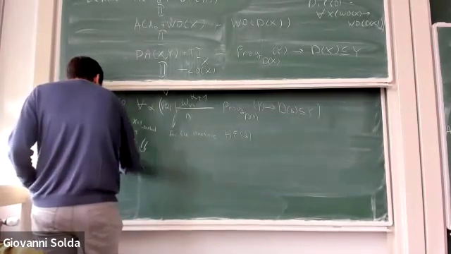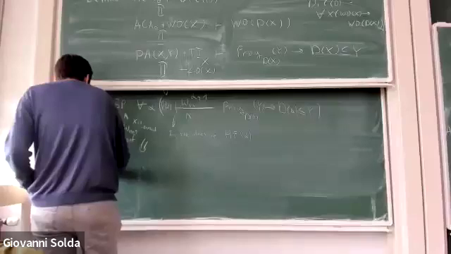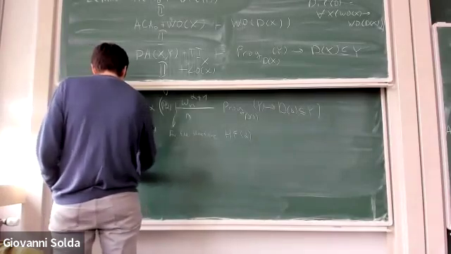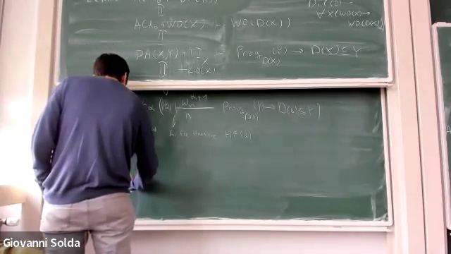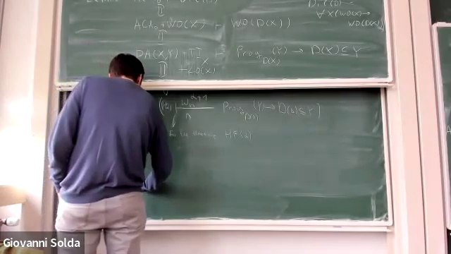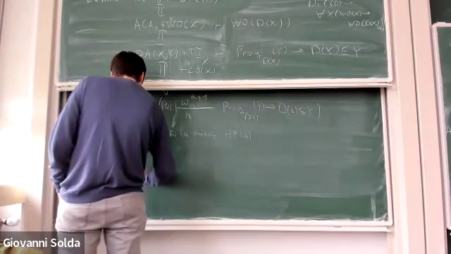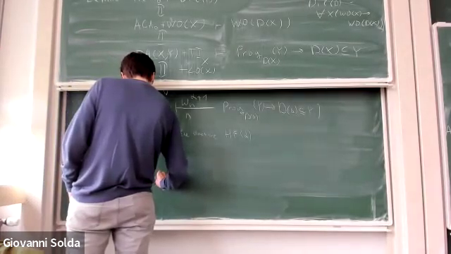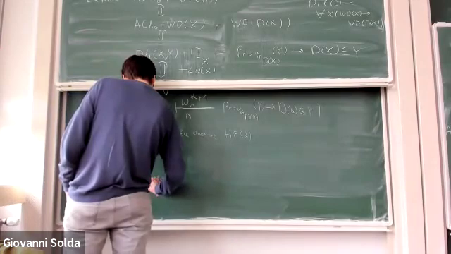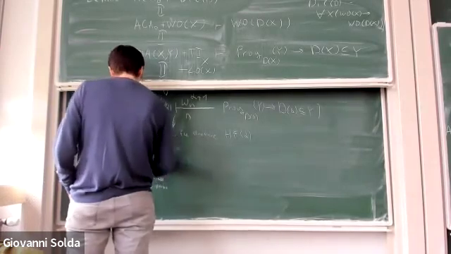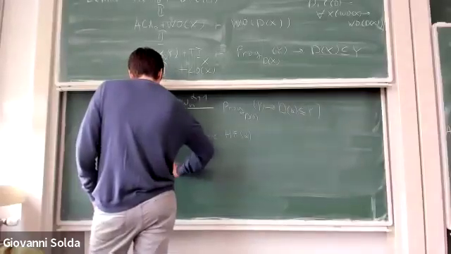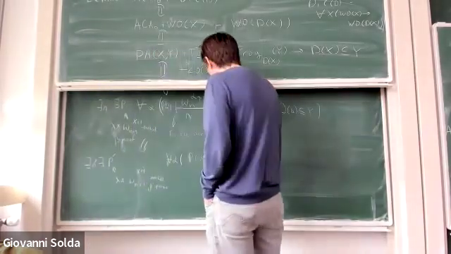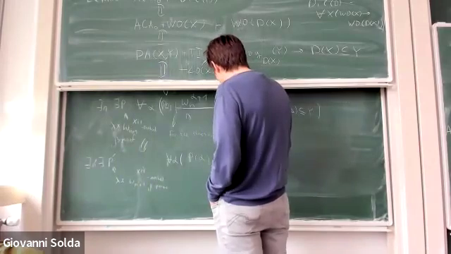Then there exists a proof P prime, and n prime, that is, P prime is lambda x, omega, n prime plus 1 rank, such that for every alpha, P prime of alpha is a proof of the same conclusion.